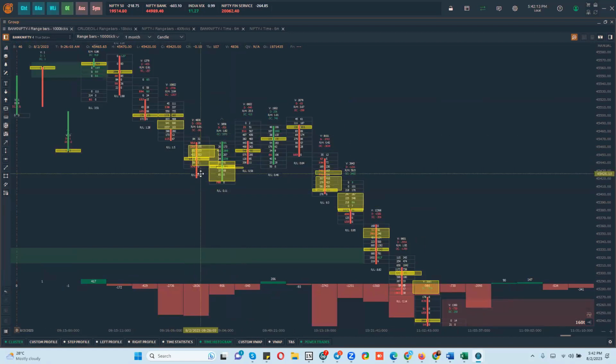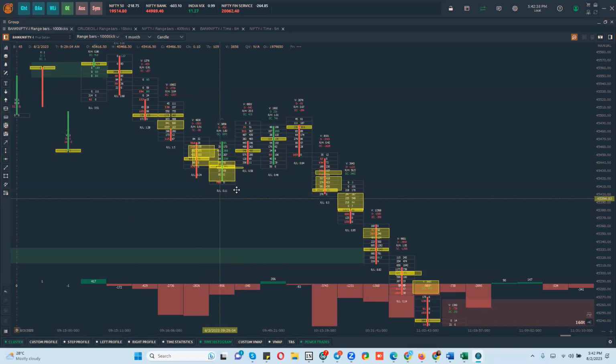If it is a red candle, I would like to see what the RH value is. If it is a green candle, I would like to see the RL value. Hope this is clear. So if it is a green candle, start looking at what the RL value is all about. If it is a red candle, start looking at what the RH value is all about.